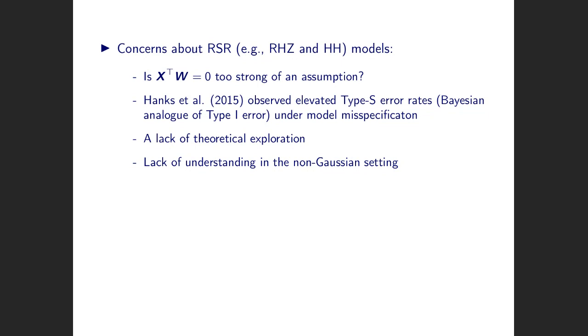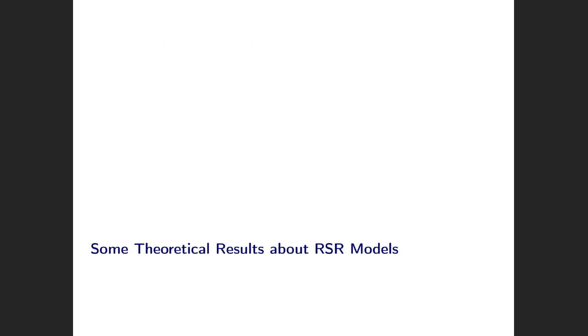And then lastly, all of this was proposed in the non-Gaussian setting, but at least in the disease mapping literature, the non-Gaussian setting with count outcomes is certainly more prevalent. Okay, so moving on to show a little bit about some of the things that we found.